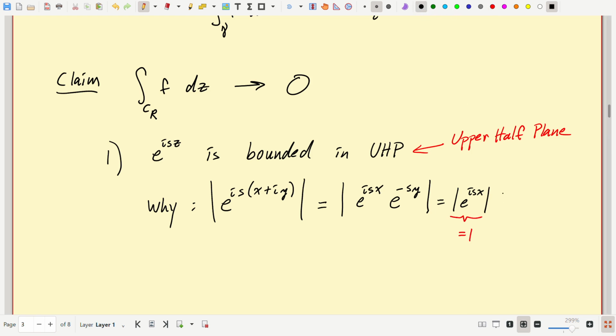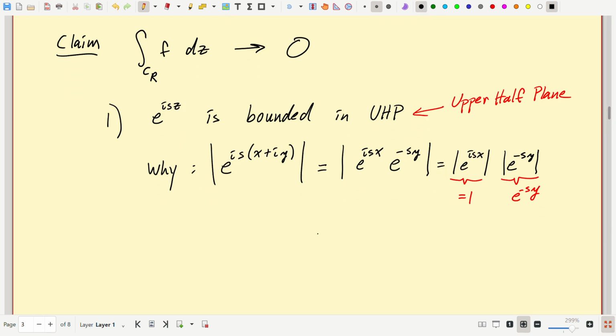And the second thing is a real number, so of course it's a positive real number, and so its modulus is just itself, e to the minus s y. And if s and y are positive, that's less than 1, which is e to the 0, because the exponential is a strictly increasing function.